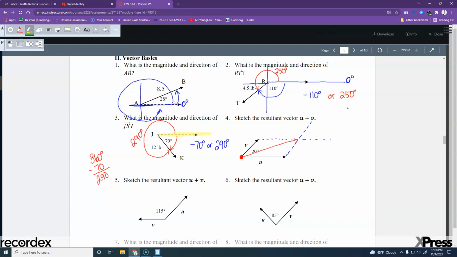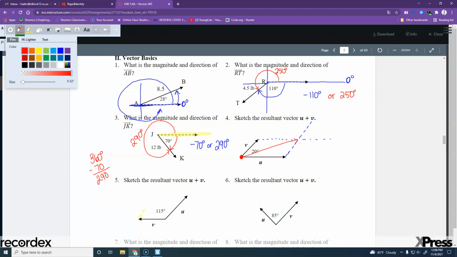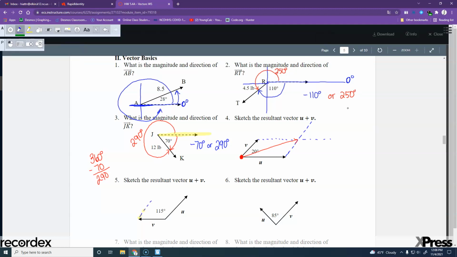So on 5, you should have something that looks something like this. Do make sure that you put a dot right here. This worksheet does not put dots.